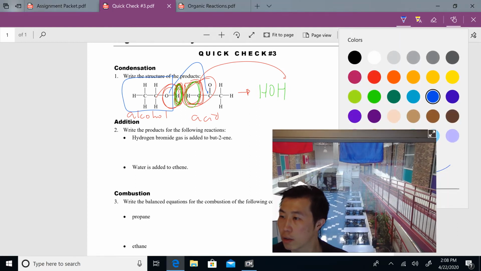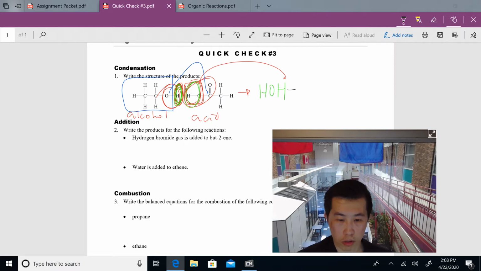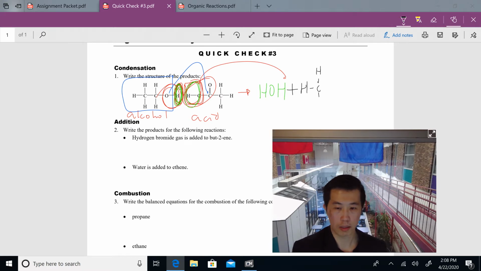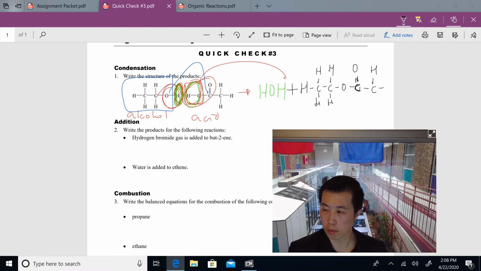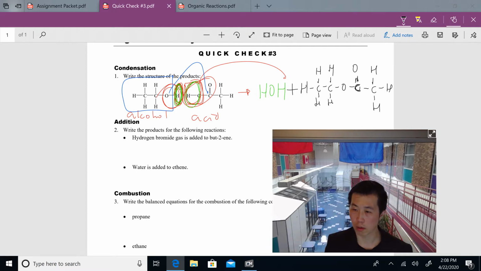So, if we do that, let's see if that actually works, plus, we're going to get H, that, double bonded to the carbons, and there we go. So, you have yourself the ester. So this is the ester for that one. Alright?